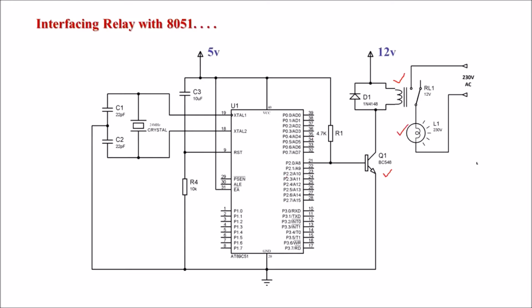This is 8051, and in this diagram the transistor is connected to port terminal P2.0. When this port terminal is at logic 1, this transistor enters into saturation and current will flow through this relay coil, and when this relay coil is energized, this switch will be closed and the bulb will turn on.